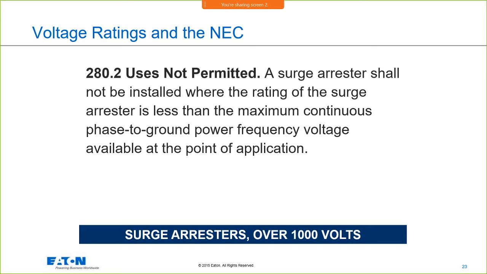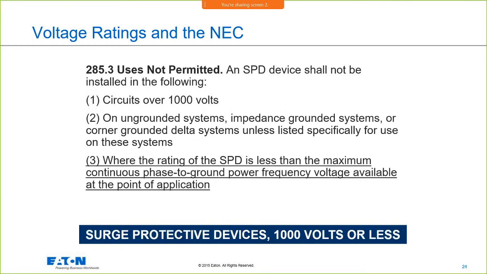So 280.2, the reason I put it: surge arresters cannot be installed where the rating of the surge arrester is less than the maximum continuous phase-to-ground power frequency voltage. That's over 1,000 volts. It just brought to my mind, to remind everybody, that we do have surge protective devices, like in your 285.3, where you have an SPD that could be built into the circuit breaker.